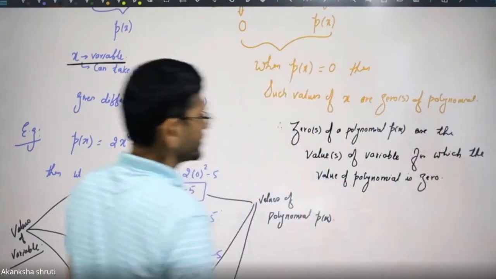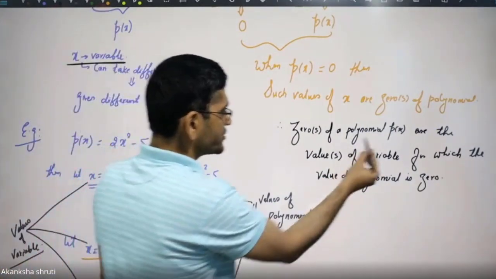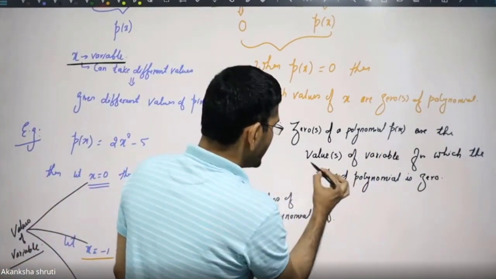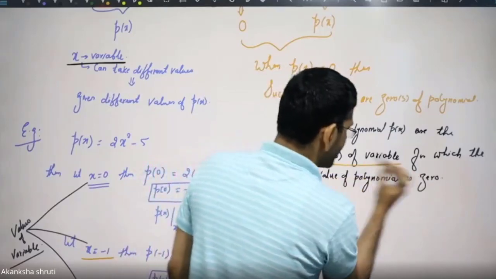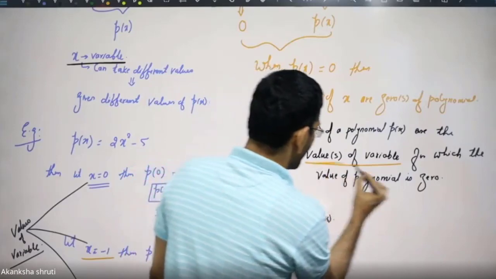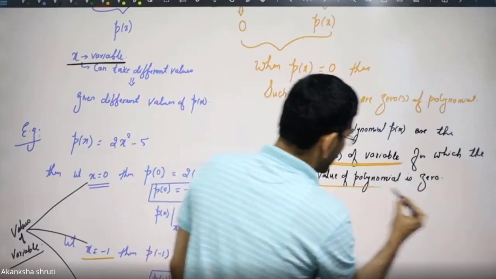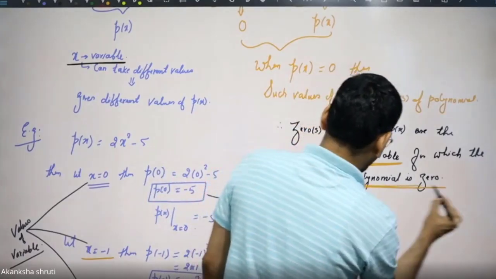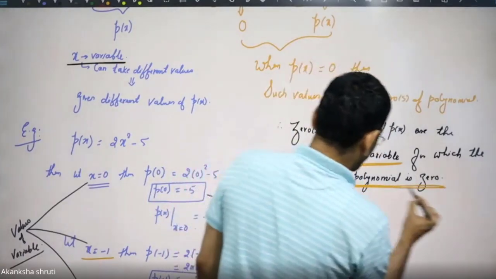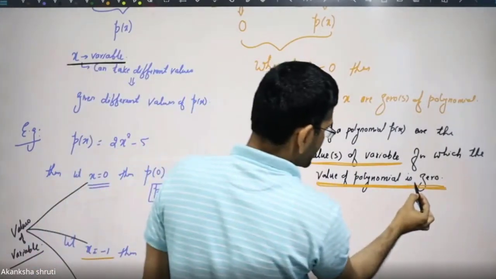Keep in mind. So students, again read this carefully. What is zeros of polynomial? It is the value of variable that we need to find, or the value of the variable for which the value of polynomial is 0. So these two things are very important. Keep in mind.